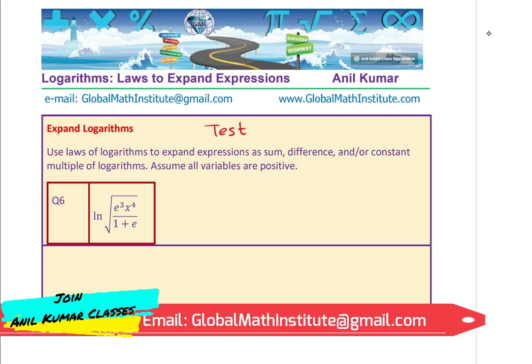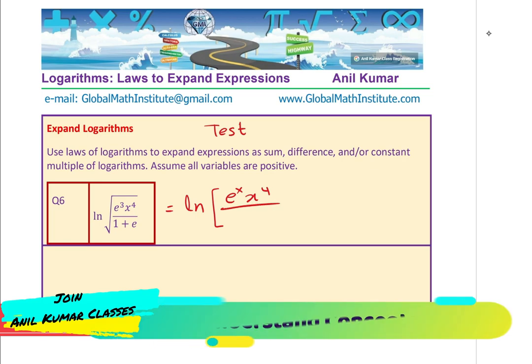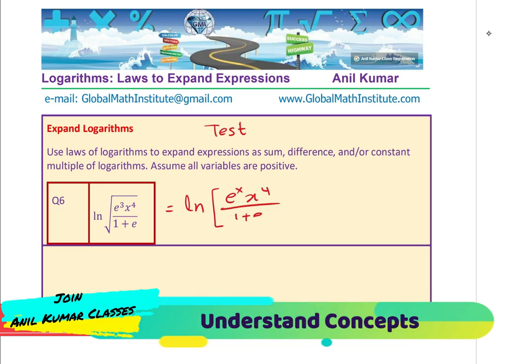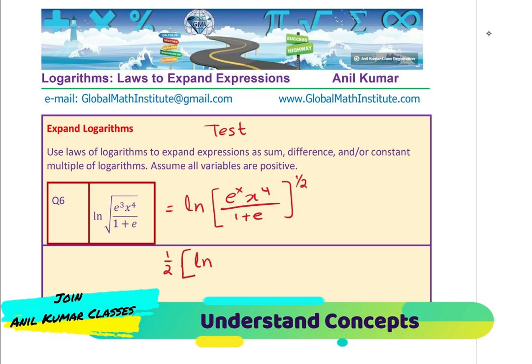Okay, at the end, here is my solution. I will write this as ln just as I did earlier. So we'll write down the inside terms, which are e to the power of x, x to the power of 4, over 1 plus e, and everything to the power of half. So that means half comes outside, and then we have something like this, the whole bracket, right?